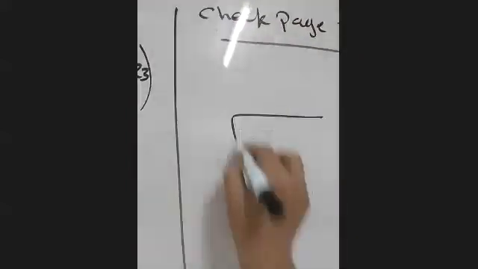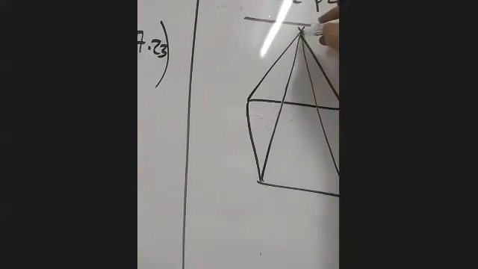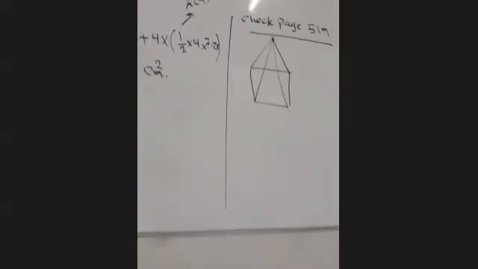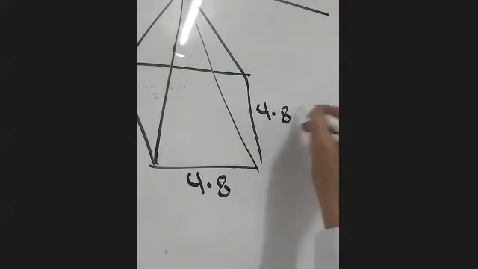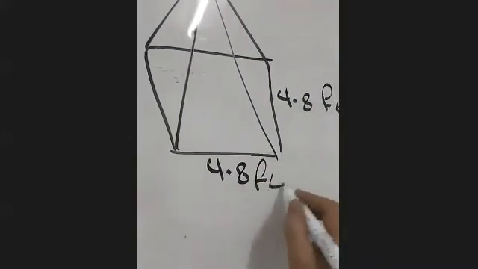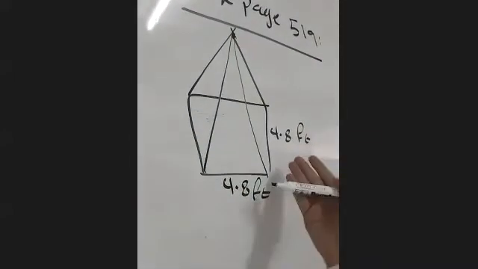I have this square pyramid. It is graphed in your book. In this check, I have 4.8 length, 4.8 width, means it's a square. 4.8, 4.8, it's feet, right? Means the 4 sides have the same length.